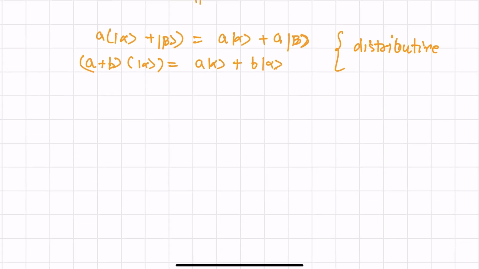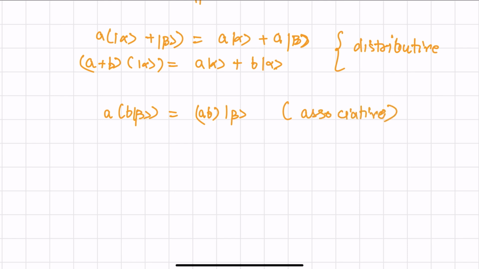The next one is associative. You can multiply B with beta first, or you can multiply the scalars together first and then multiply with beta, or multiply with A and then with B. All of these work, and this is known as the associative property.